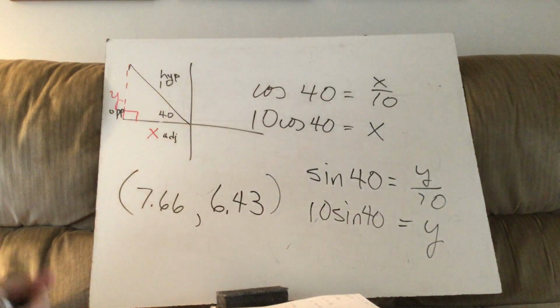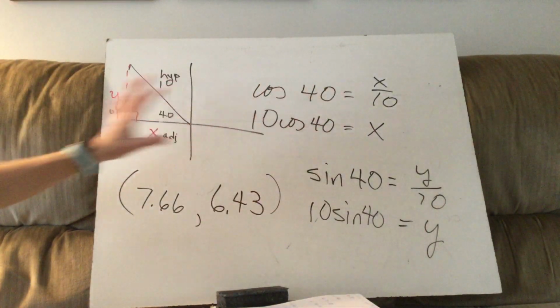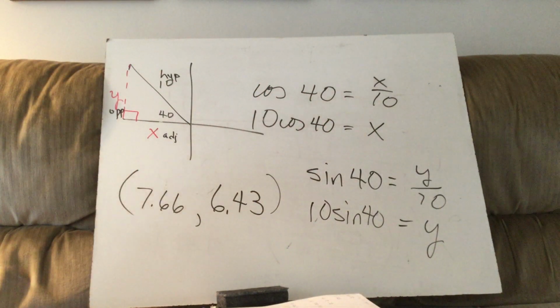Now, here's where we're going to stop and make an observation. This isn't quite right. We didn't make any mistakes. We did everything right. But we didn't pay attention to something really, really important.